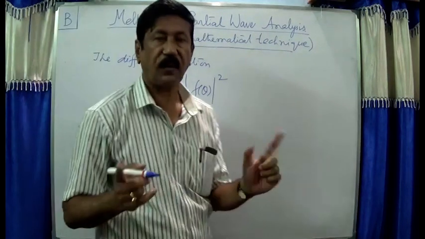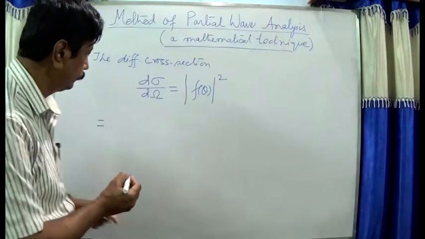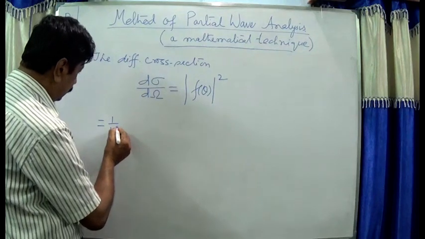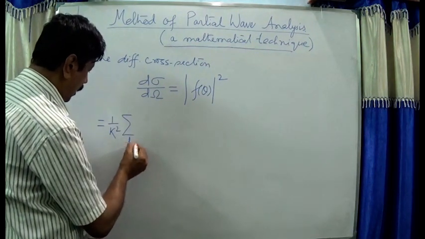Recalling the expression for f theta, we can write it in this way: 1 over k square, sum over L, L prime.